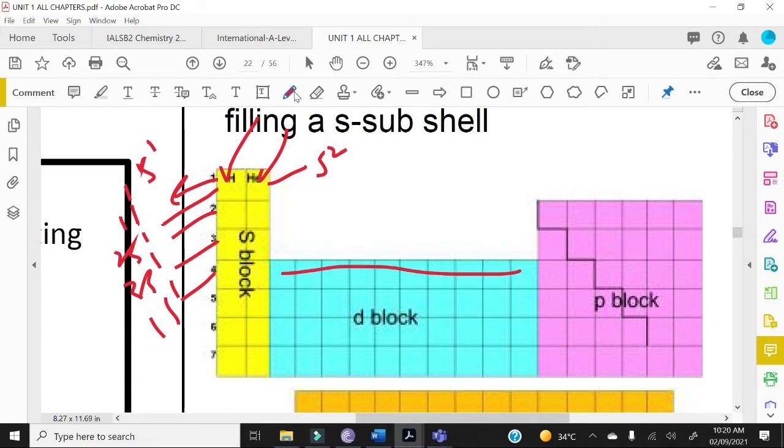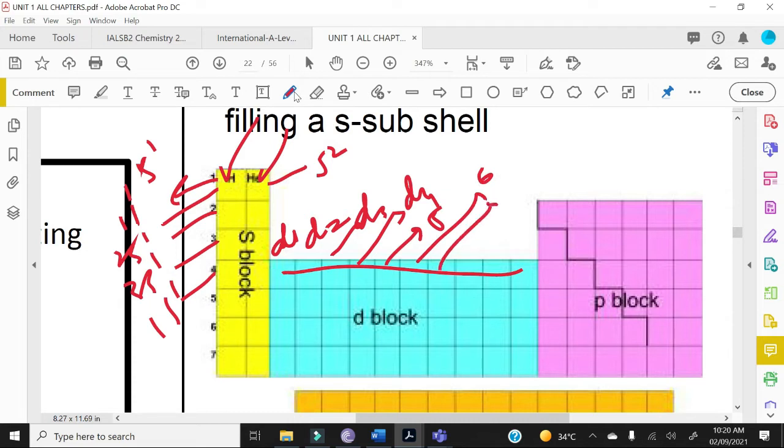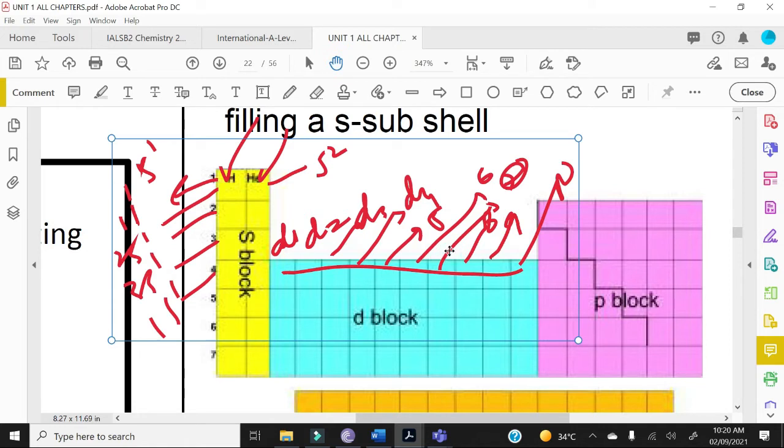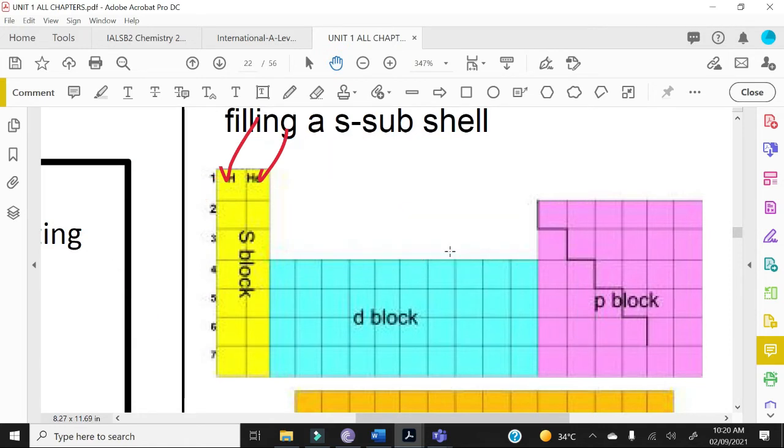This is D block. So we have d1, d2 electrons, d3 electrons, d4 electrons, d5 electrons, d6 electrons, 7 electrons, 8 electrons, 9 electrons and 10 electrons. This is D. After D we have P. How many are they in number?